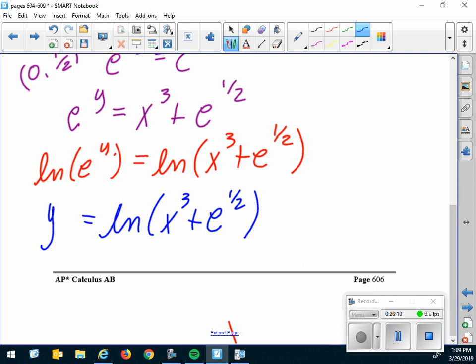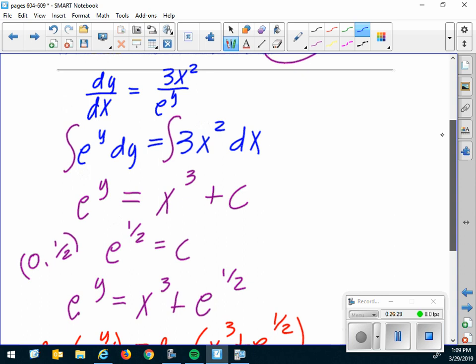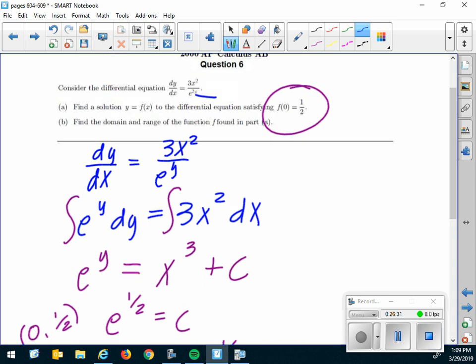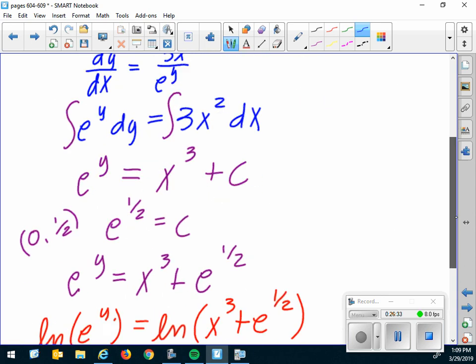Now, I gotta think about something though. What I'm wondering is why the author did not put the right side in absolute value bars. Because, is there anything up here that says anything? Nope.